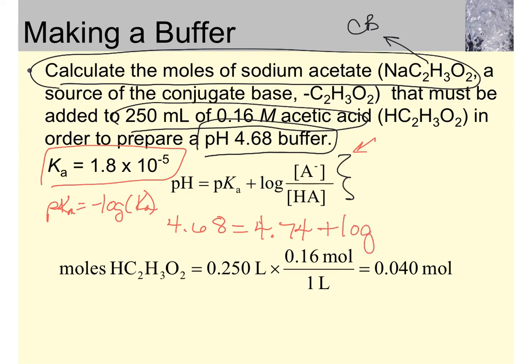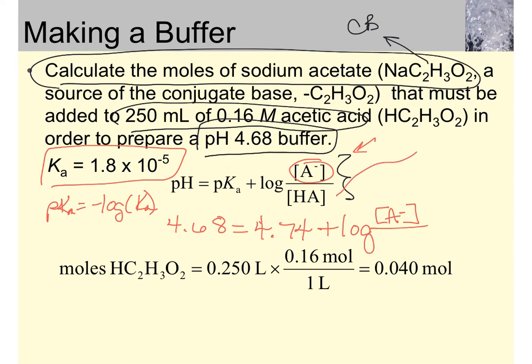Okay, and they are asking me to solve for acetate, so that's going to be what I rearrange to solve for. And they have told me the concentration of the weak acid.